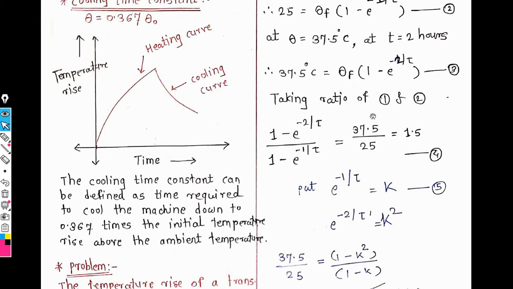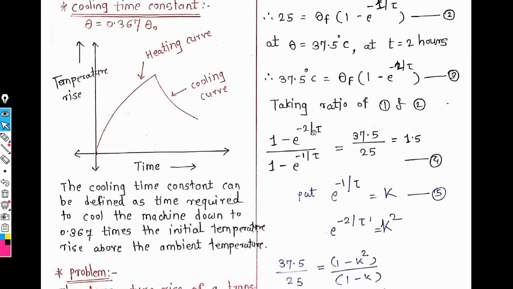Okay, now we take the ratio of 3 by 2, that is 1 minus e raised to minus 2 upon tau. Then theta f gets cancelled. It is 37.5 upon 25 equals 1 minus e raised to minus 1 upon tau.